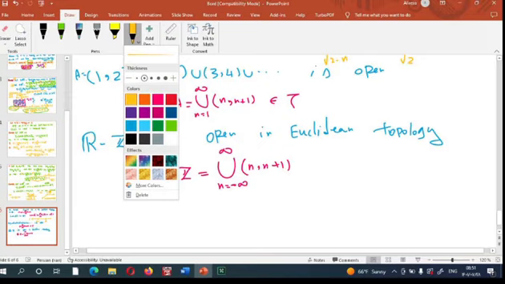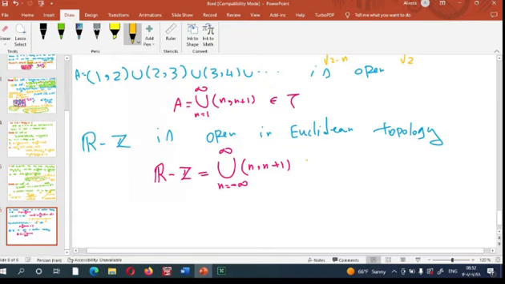Please note that, for example, if we omit integers, we have these open intervals. For example, 0, 1, 2, 3, -1, -2, -3.